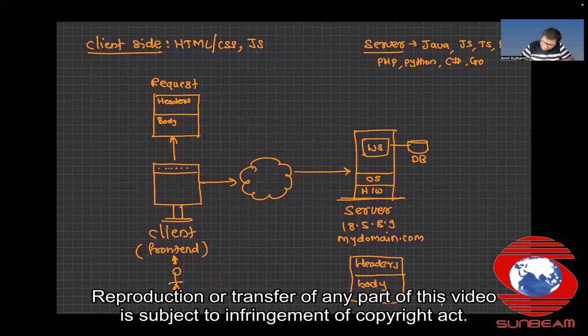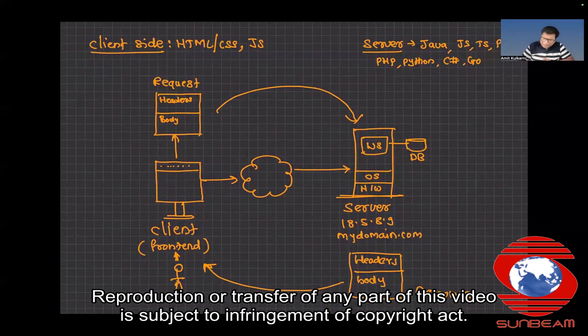So the client sends a request to the server, the server processes it and sends the response back to the client. The client receives the response, shows it here and says, I'm done. And this is how they communicate with each other, of course, via network. That's the reason in browser architecture there is something called a network component, which communicates with the server by sending a request and getting a response back.